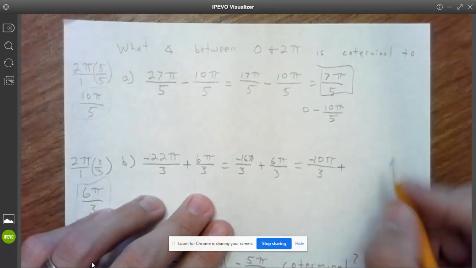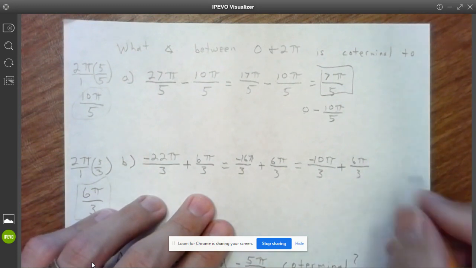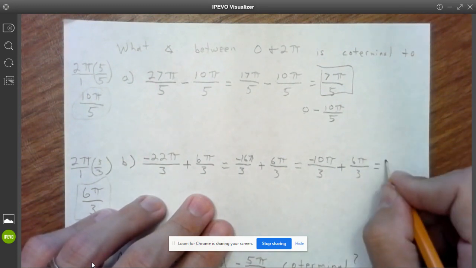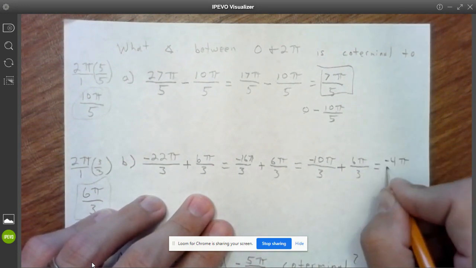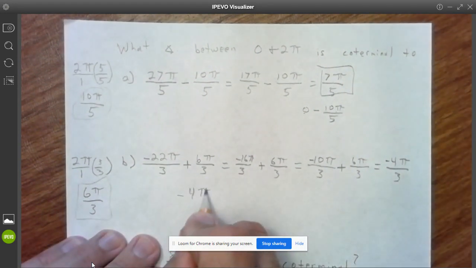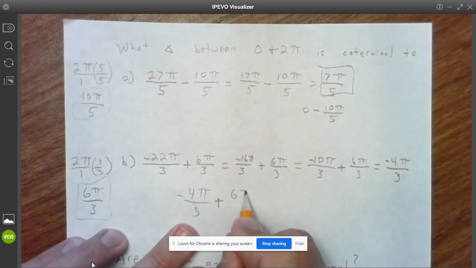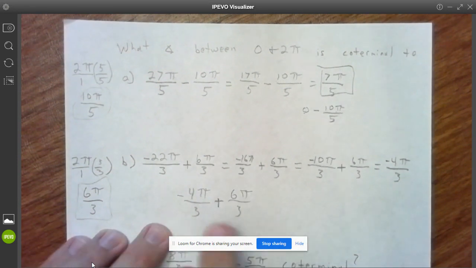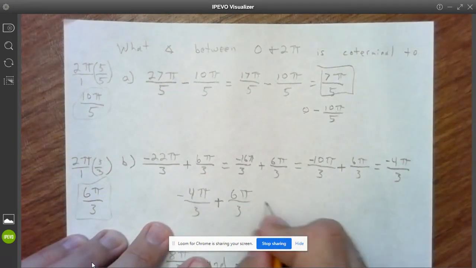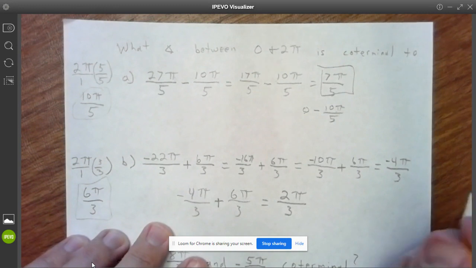Got to add another one, 6 pi over 3. This will give us negative 4 pi over 3. Put that over here. All right, we got to add one more, 6 pi over 3. All right, negative 4 plus 6 is going to be positive 2 pi over 3.